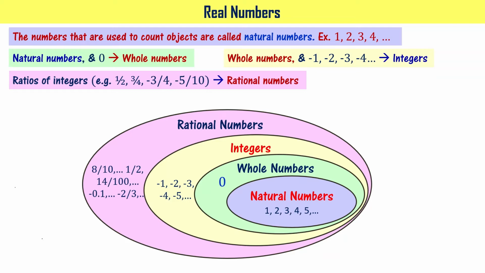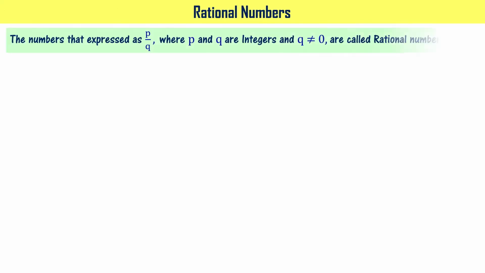Let's further go into the details of rational numbers. The numbers that are expressed as p by q are called rational numbers, where p and q are integers. It means the numbers that are expressed as ratio of two integers are called rational numbers.